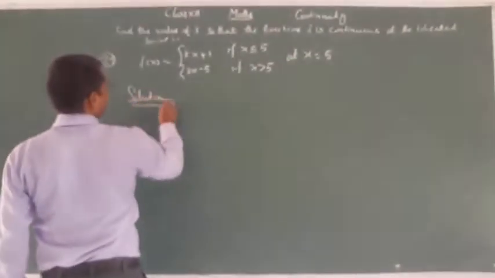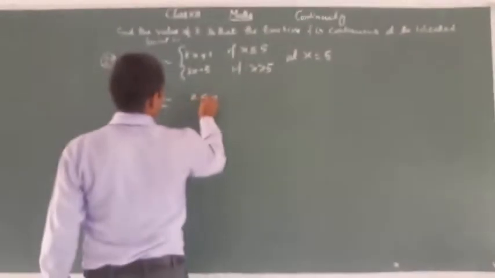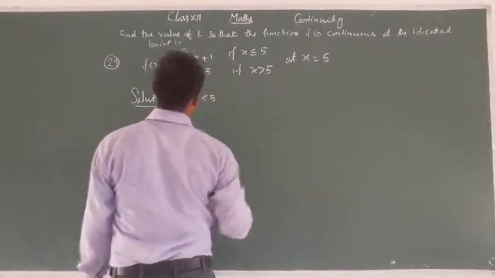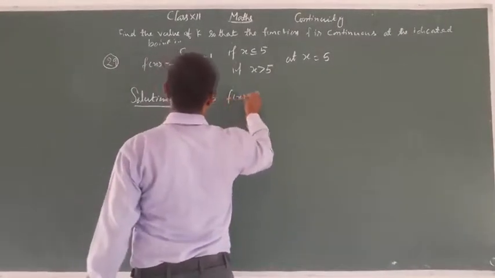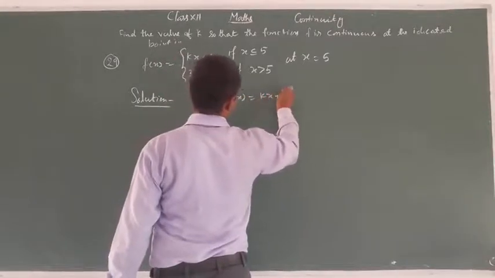Solution: if x is less than 5, the function f(x) is equal to kx plus 1 at x is equal to 5.